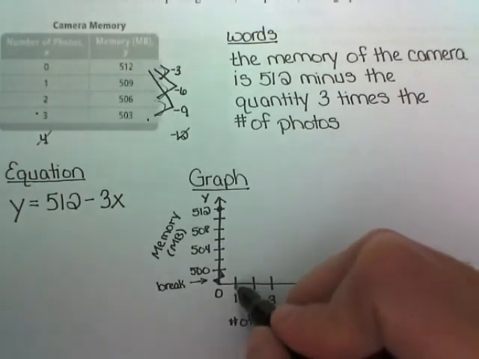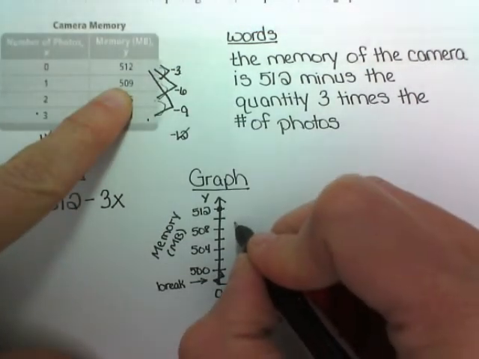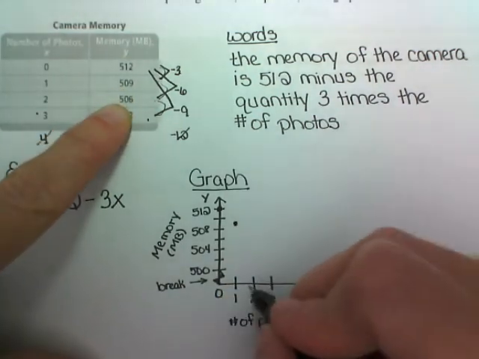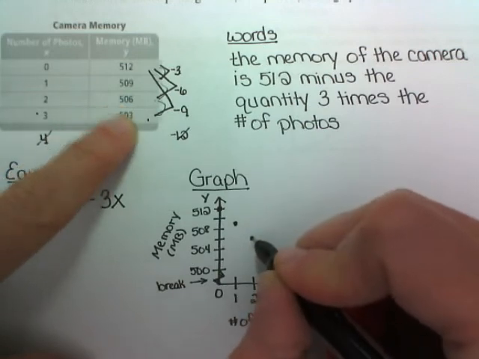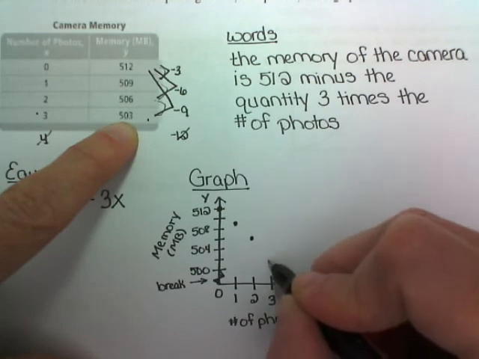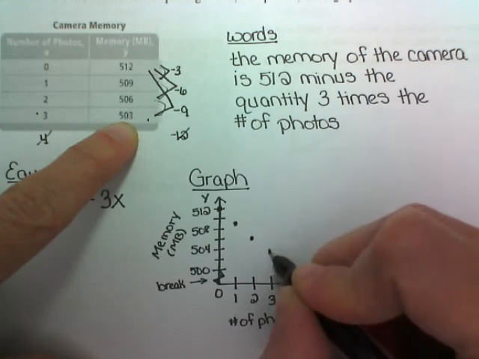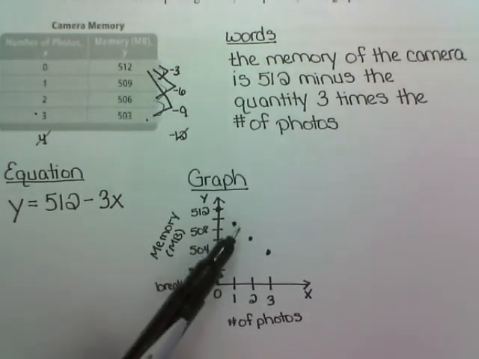When I take one picture, I have 509 after one picture. When I take 2 pictures, I have 506 left. And when I take 3 pictures, I have 503. So it is linear. It does appear to form a line. It is a linear function.